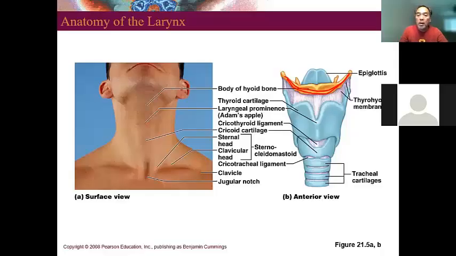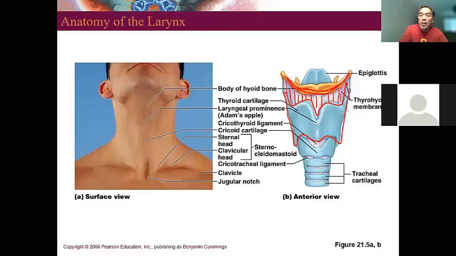What is connected with the hyoid bone is the next structure, called the thyroid cartilage. The thyroid cartilage is just beneath the hyoid bone, but it's connected to the hyoid bone through membranes called the thyrohyoid membrane.